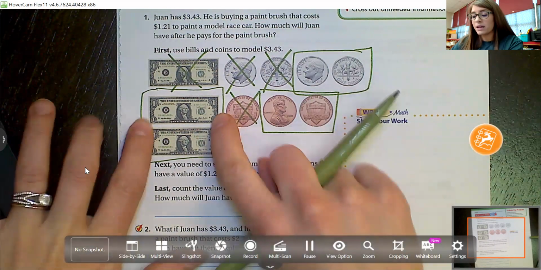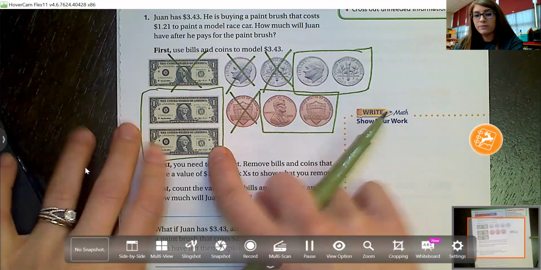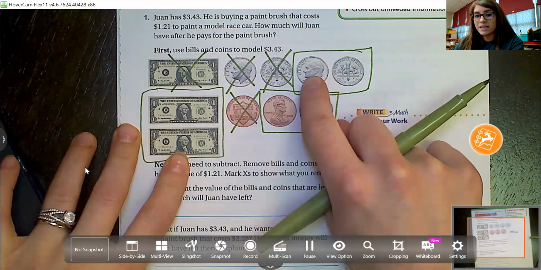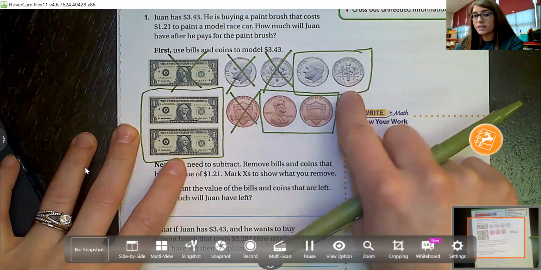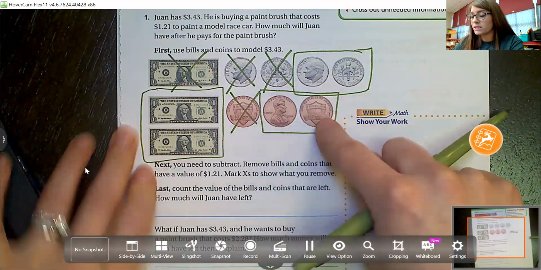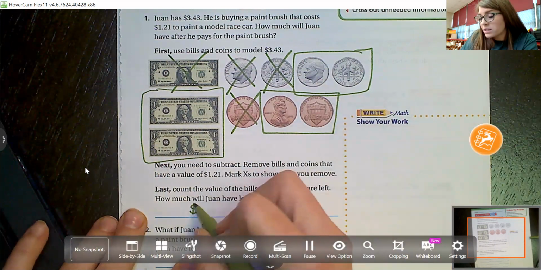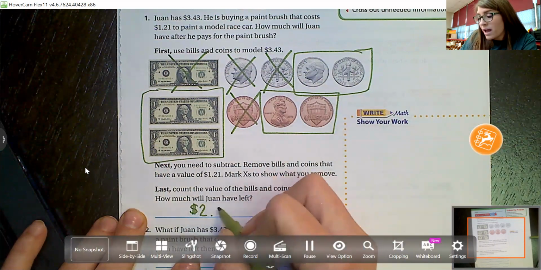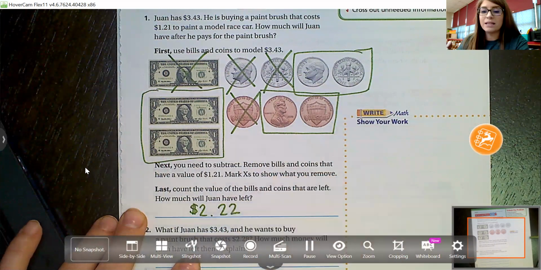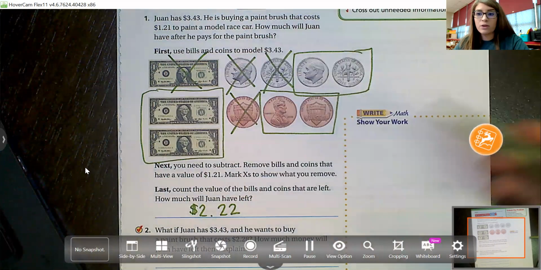So starting with the biggest, $2, $1, $2, $2.10, $2.20, $2.21, $2.22. So Juan is going to have $2.22 left.